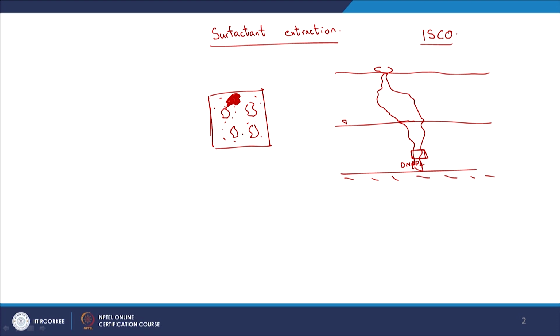You will also have some of the NAPL dissolved in the water, and some of the NAPL adsorbed onto soil. So these are the three phases that we have: NAPL dissolved in the water, NAPL adsorbed onto soil, and NAPL staying as NAPL itself.